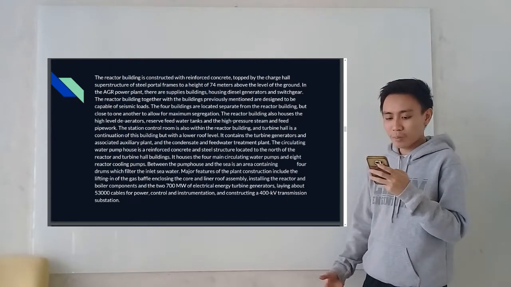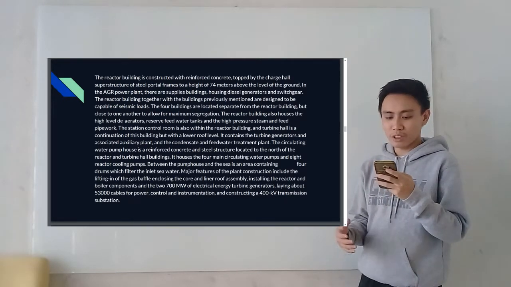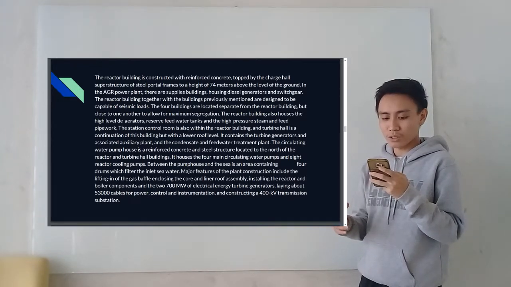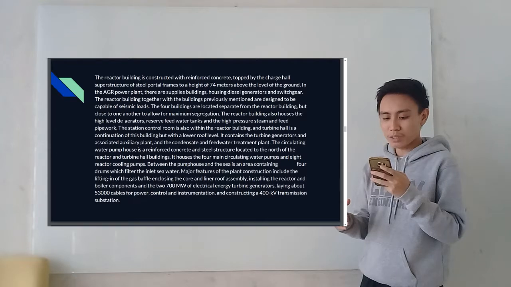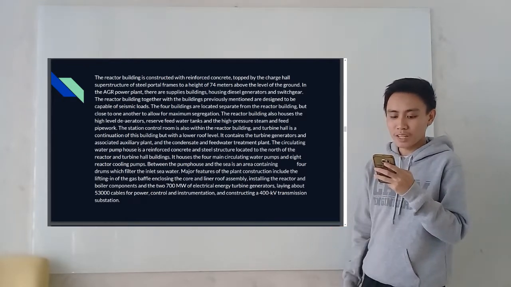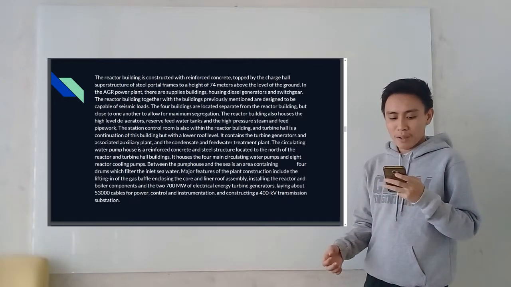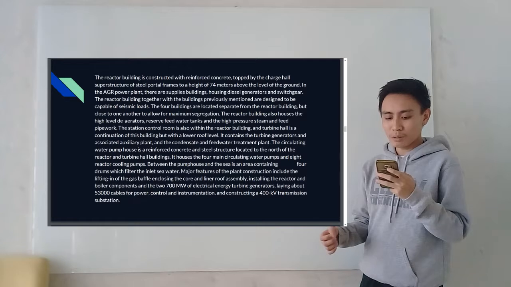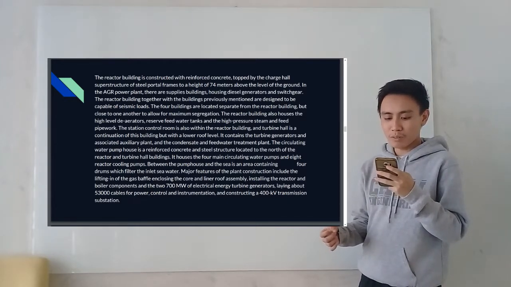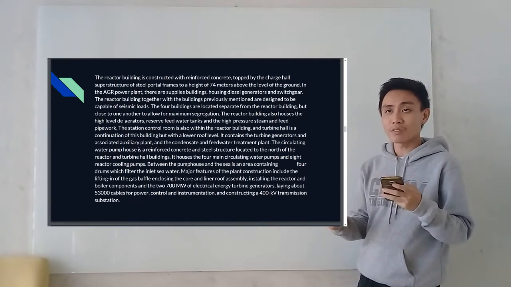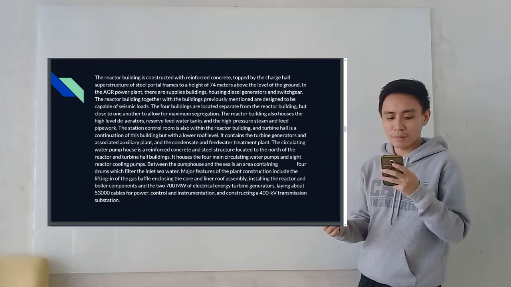The reactor building is constructed with reinforced concrete, topped by the charge hall, a superstructure of steel portal frames, to a height of 74 meters above ground level. In the AGR power plant, there are supply buildings housing diesel generators and switchgear. The reactor building together with these buildings are designed to withstand seismic loads in case of earthquakes.